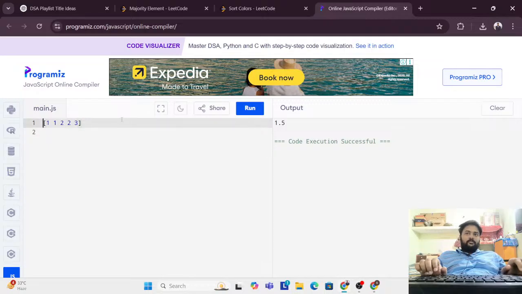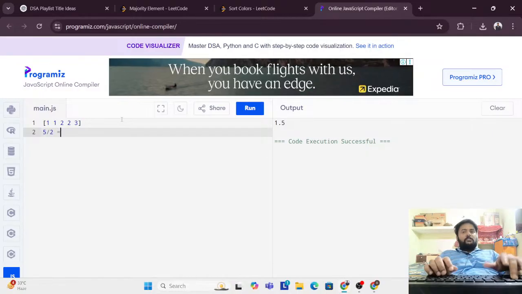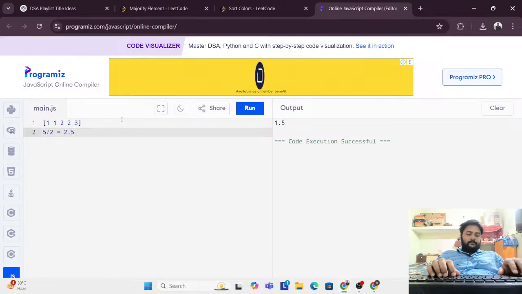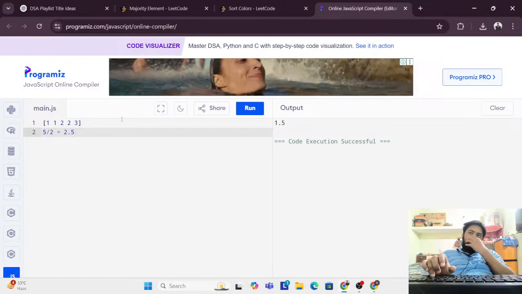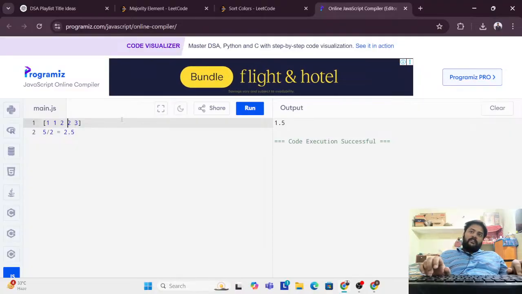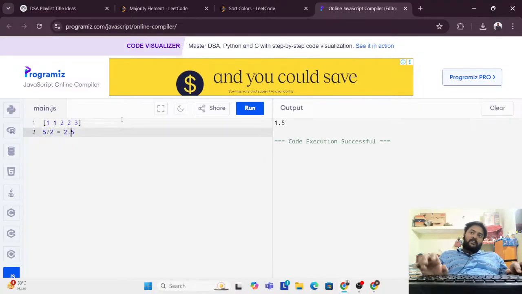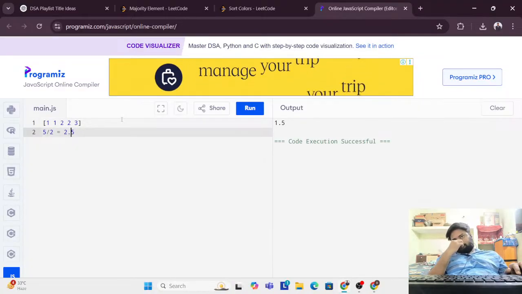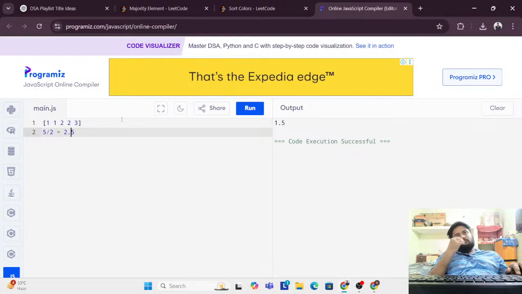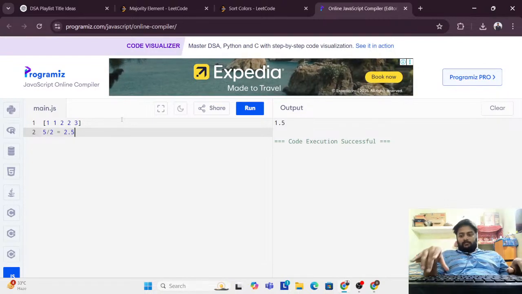Because n is 5, and if we divide 5 by 2, it gives 2.5. None of the elements appears more than 2.5 times. So we also have to take care of this test case.